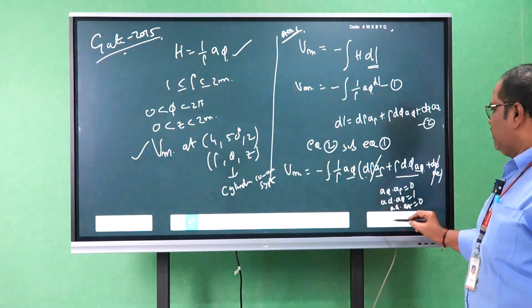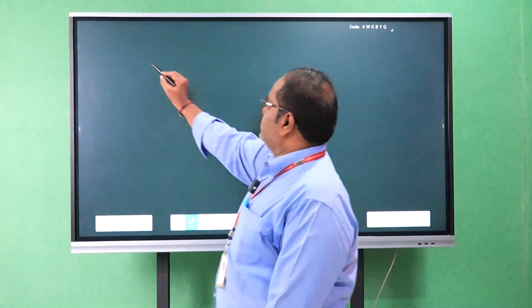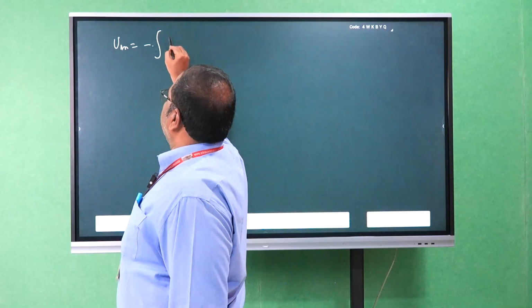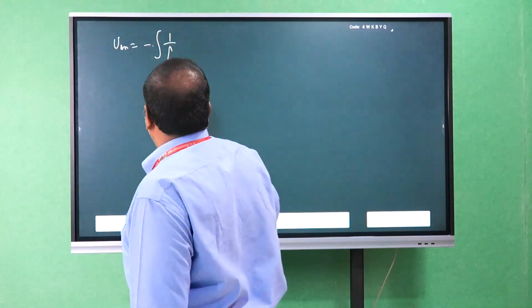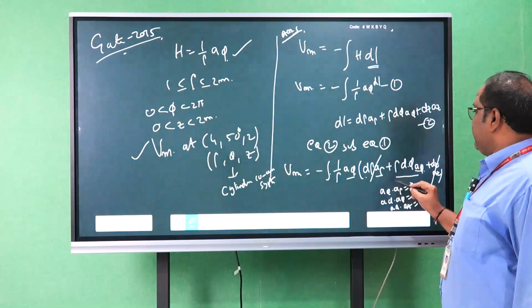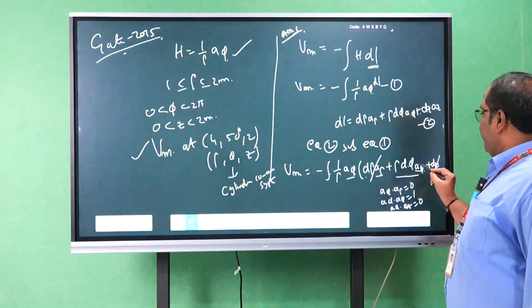Therefore, Vm is equal to minus integral of 1 by rho times dl. What is dl? dl is equal to rho d phi.